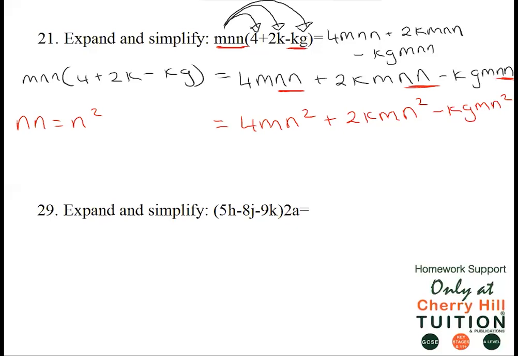Okay, so we are required to solve for 5h minus 8j minus 9k all by 2a. We can rewrite this as 2a, 5h minus 8j minus 9k. So we can bring this 2a to the front. Okay?